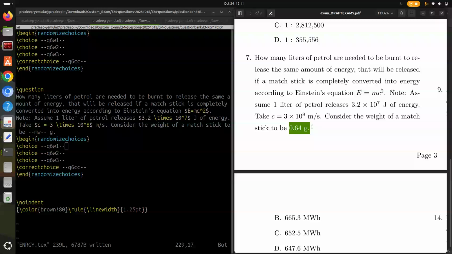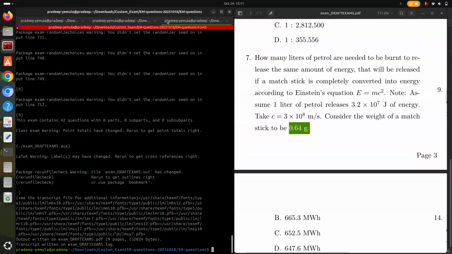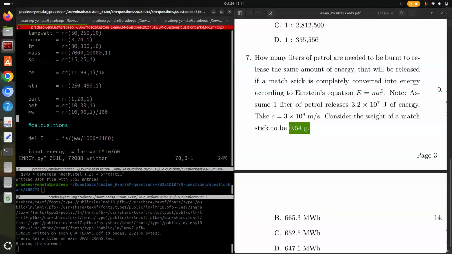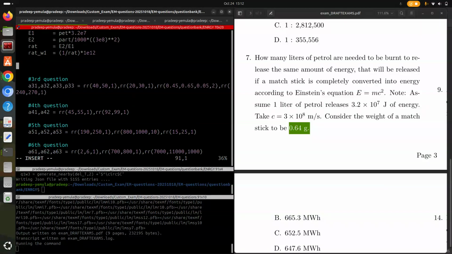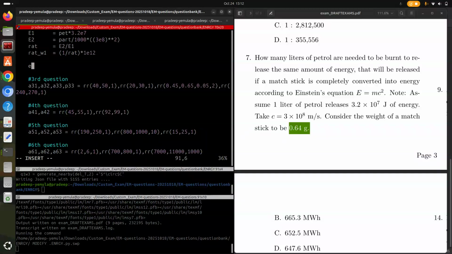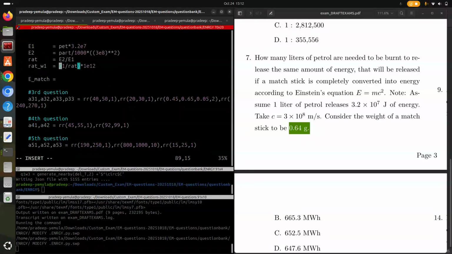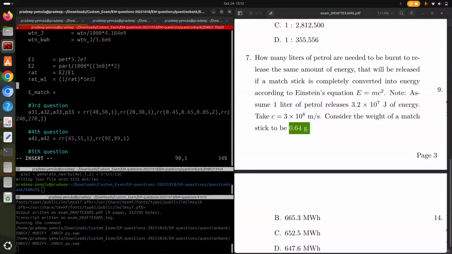So let's quickly solve it. How do we solve it? Let's do the calculation. Here I will say E match, the energy from the matchstick. I think we already calculated it here, about three lines above, so I'll copy from here.